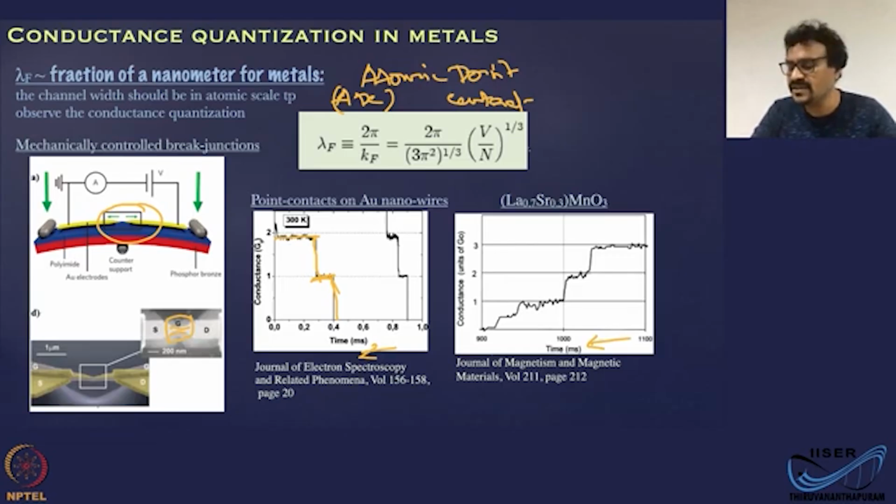But this quantization effect is something universal in conductance. It doesn't care whether it is a semiconductor or a metal or anything. All it depends on is the number of modes available for transport, and each mode is going to give you e²/h in conduction.